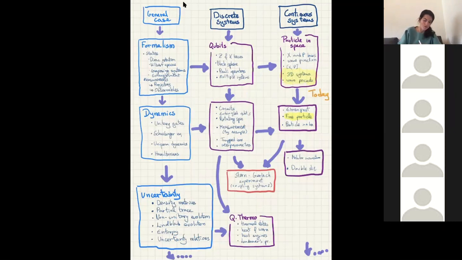So we've been following, in general, giving some formalism or some general rules for quantum mechanics. And then we saw applications both in discrete systems and in continuous systems, where the discrete systems were mostly qubits or a series of qubits so far. Later, there'll be other ones. And the continuous systems were this idea of a particle on a line.